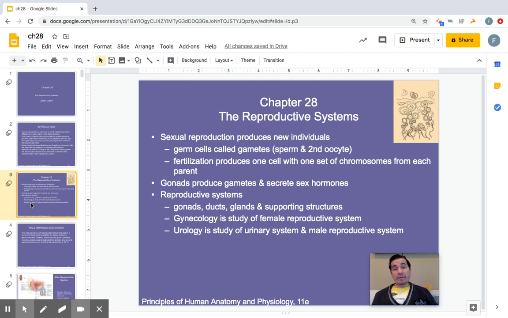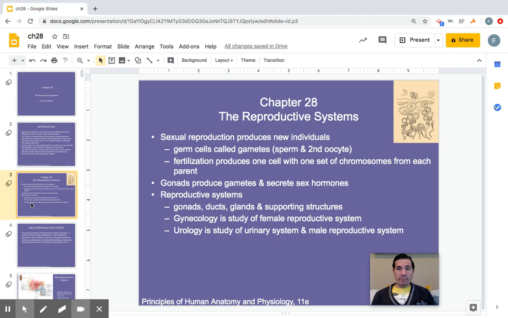Most of the time, normal cells in humans have 46 chromosomes. That means 23 pairs. But in gamete cells, we only have 23 chromosomes, period. Half come from your father and half come from your mother, and they join together to produce a zygote, or a new individual eventually.